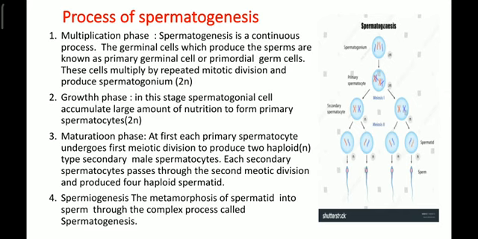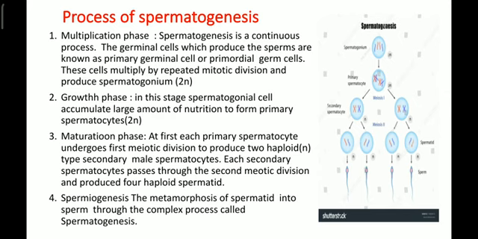In this stage, the spermatogonial cell accumulates a large amount of nutrition to form the primary spermatocyte, which also contains the diploid number of chromosomes, or 2n. Remember that the spermatogonium cells and the spermatocyte both contain 2n, the diploid number of chromosomes. After that, the third stage is called the maturation phase.